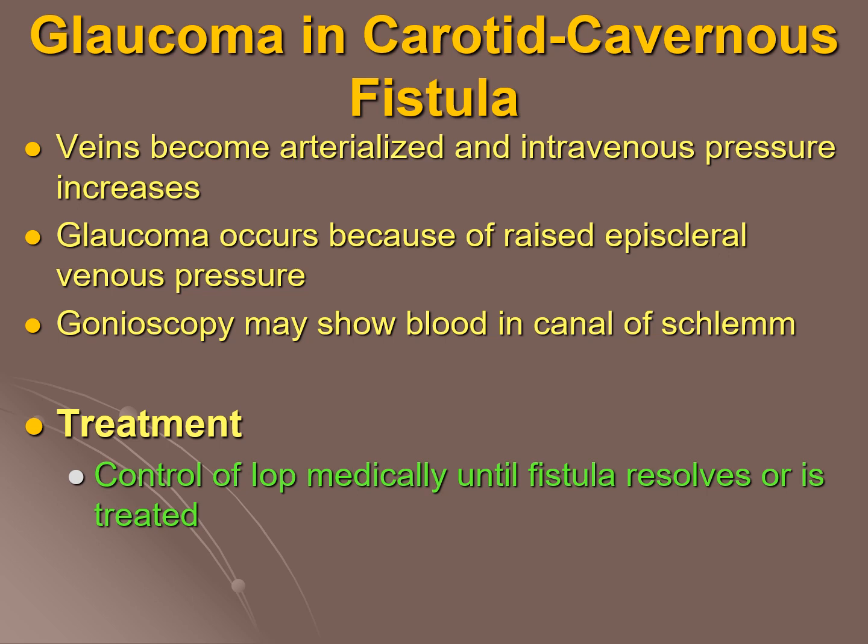Normal episcleral venous pressure is about 10 millimeters of mercury, but in this case it is much higher. So the aqueous cannot pass into the episcleral veins unless it achieves a high pressure. Gonioscopy may show blood in the canal of Schlemm. For treatment, you must control the intraocular pressure medically until the fistula resolves or is treated surgically.